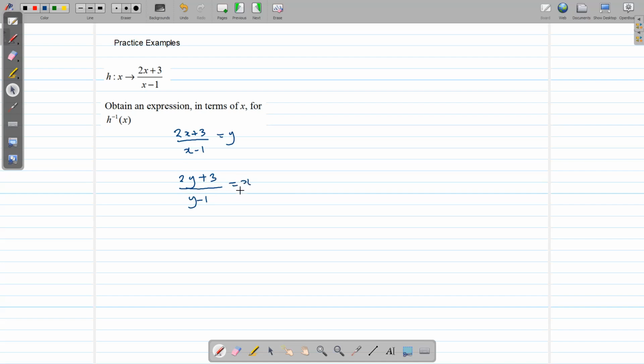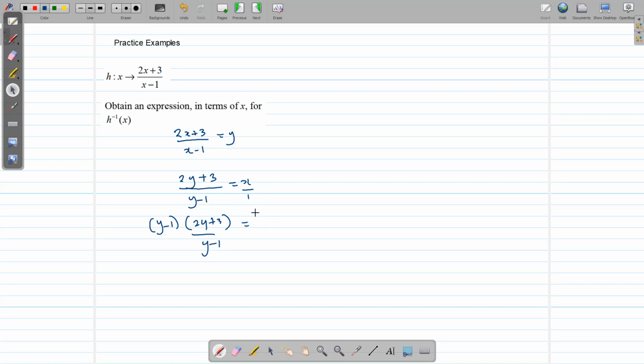Now that we have done that, we can solve our equation for y. We can do a simple cross multiplication here, or we can multiply both sides by the denominator, which is y minus 1. So we can say y minus 1 times 2y plus 3 over y minus 1, which is the better explanation.